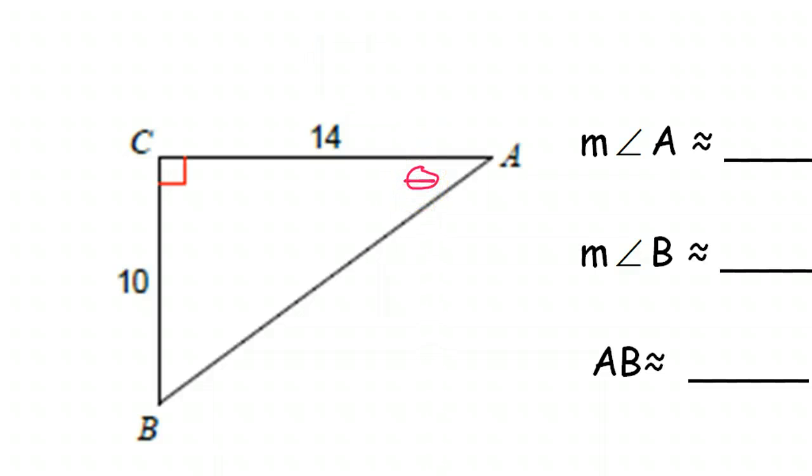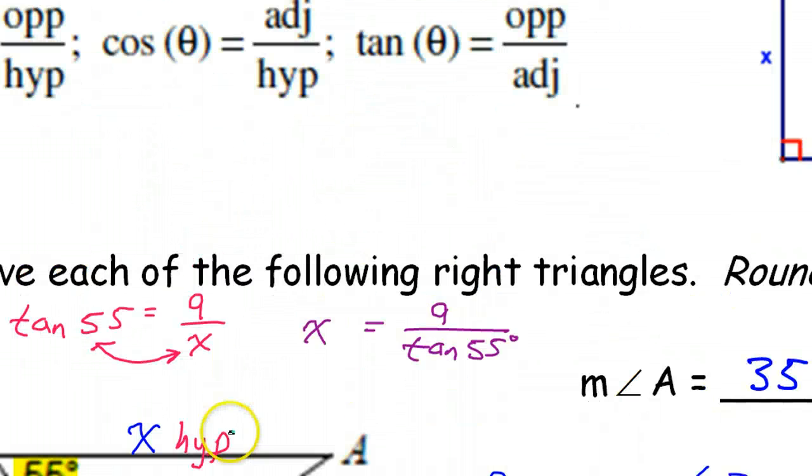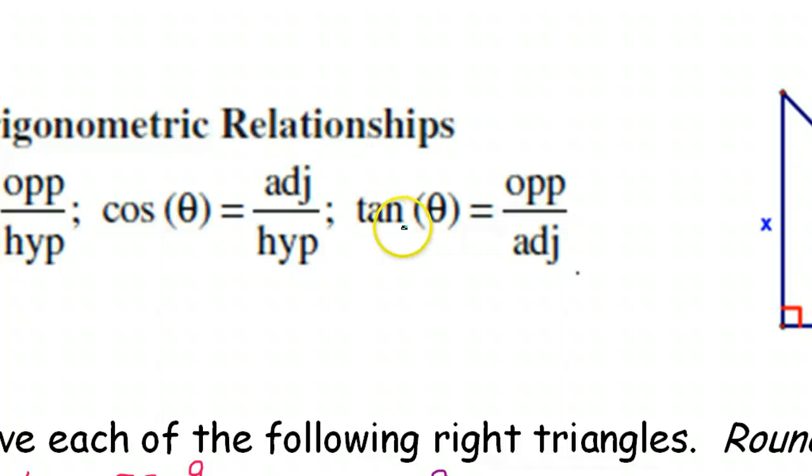Looking at this angle and the two sides that were given, which trig function are we thinking about? From the perspective of theta, angle A, this is opposite and this is adjacent. Opposite, adjacent. That's the tangent function.